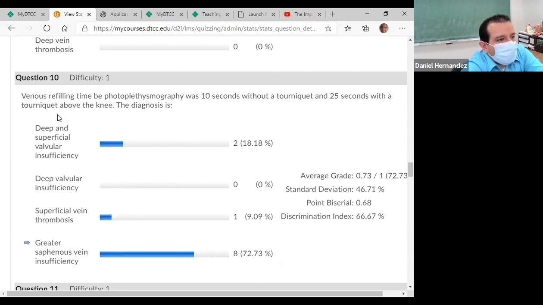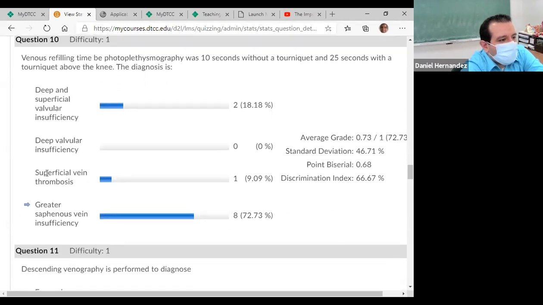It can't be a deep vein because we can't use a tourniquet to block the influence of the deep veins. So it can't be that one. It's not for DVT, or I'm sorry, superficial vein thrombosis. So it's not for assessing clots. So the only choice left would be a greater saphenous vein insufficiency.